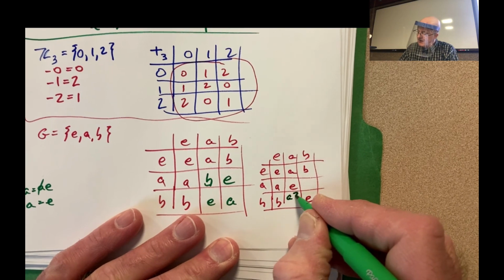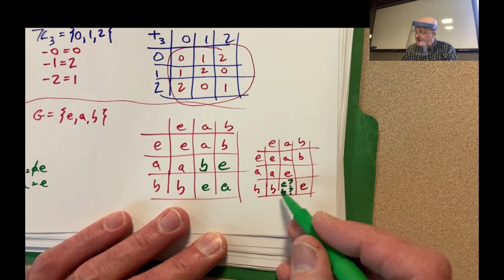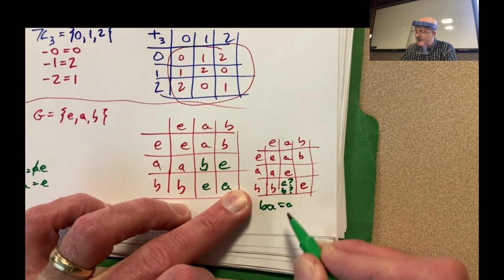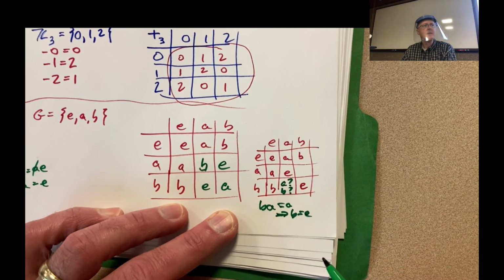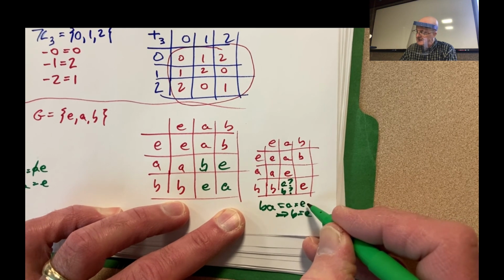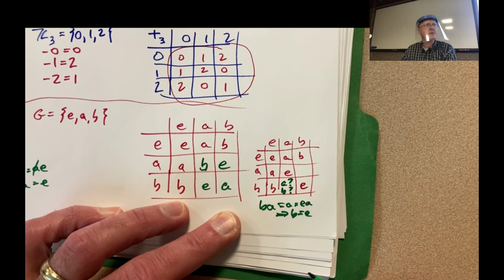If you choose it to be A, then you'd be saying B times A is A, and the cancellation law would imply B equals E, because you could write this as EA. And that would be a contradiction.